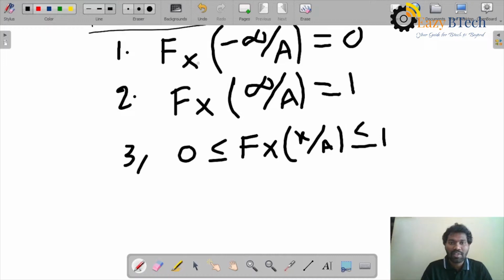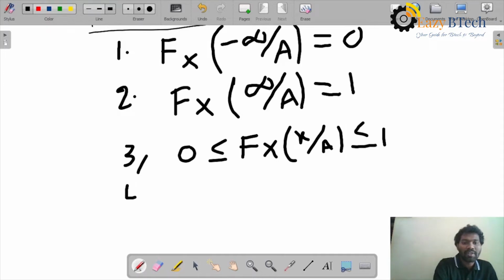In your distribution function you have Fx of minus infinity equal to 0, whereas in the conditional distribution function it is minus infinity given A, infinity given A, x given A. Wherever x appears, it should be replaced with x given A. That means you can remember it as dividing by A. So this is the third property.